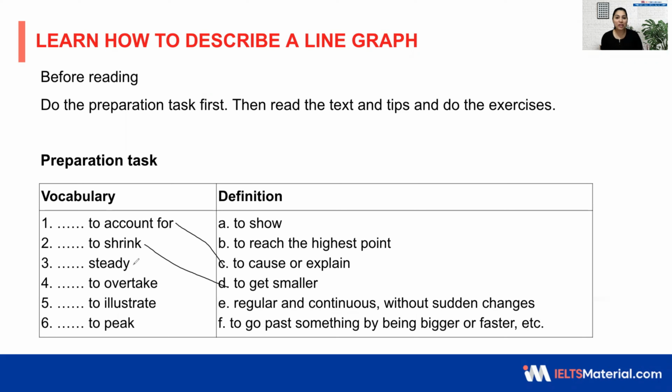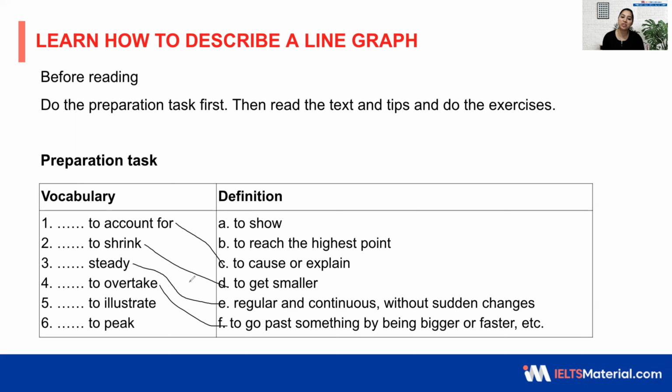Steady, the meaning of steady is to be stable. So I would connect it to E, regular and continuous without sudden changes. Next is to overtake. The meaning of overtake is to go past something by being faster or bigger, etc. So we'll go here for to overtake. Next is to illustrate.